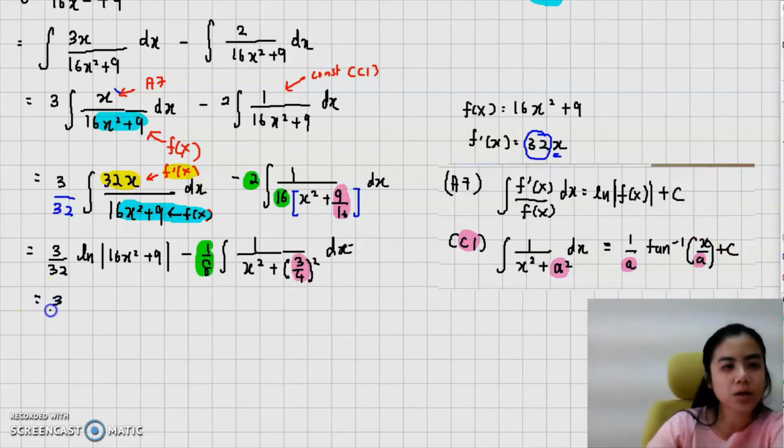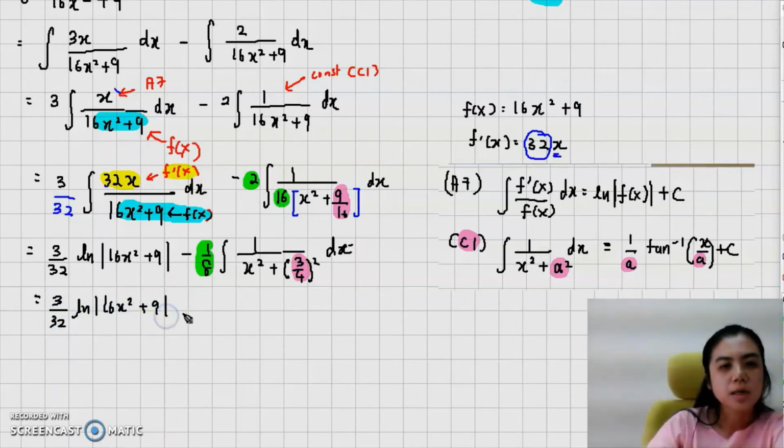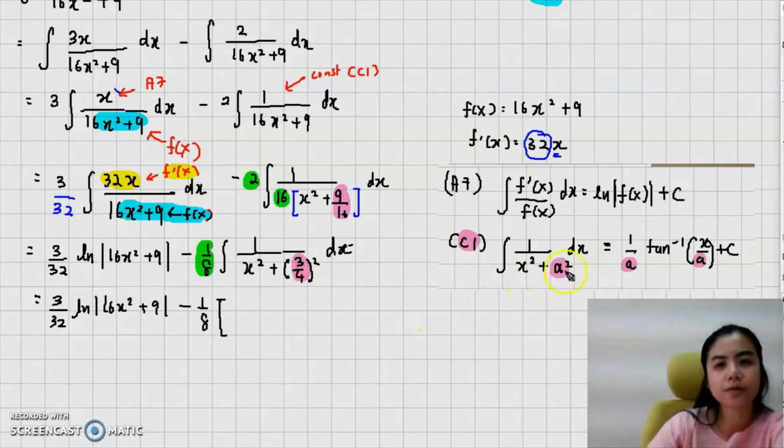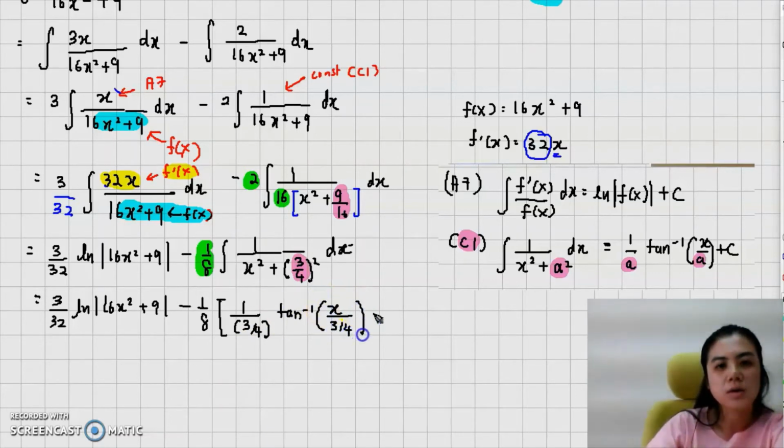So we have 3 over 32 ln 16 x squared plus 9 is 1 over 8. So the integration will give you 1 over 8, 1 over 3 over 4, and arctangent, which is x over 3 over 4, and then plus c. So we're almost done. We simplify.